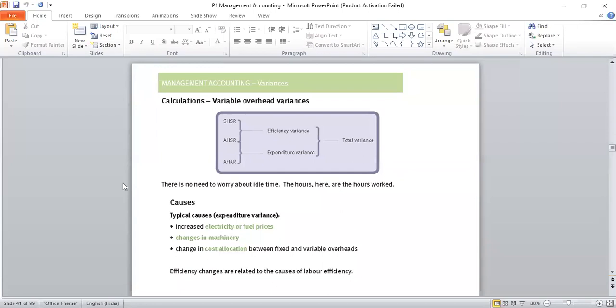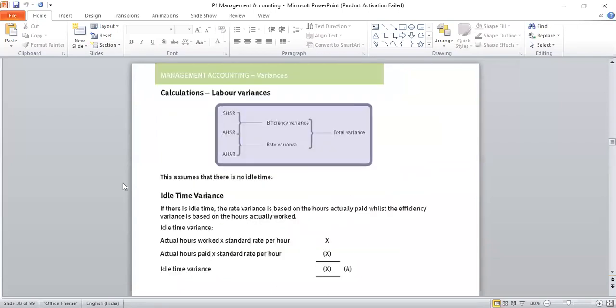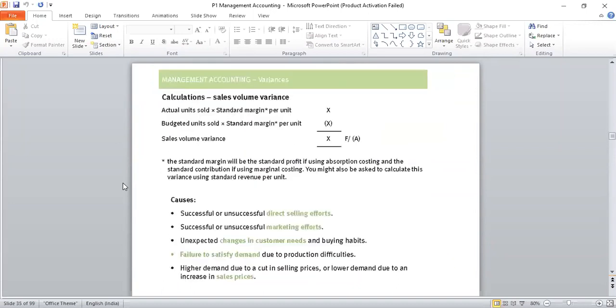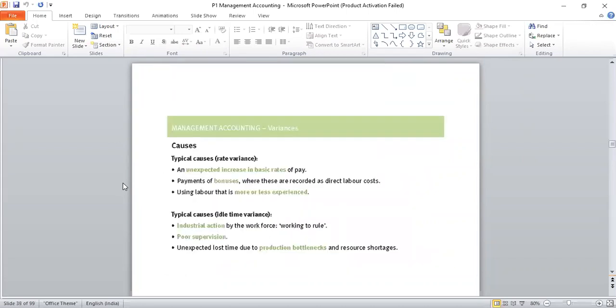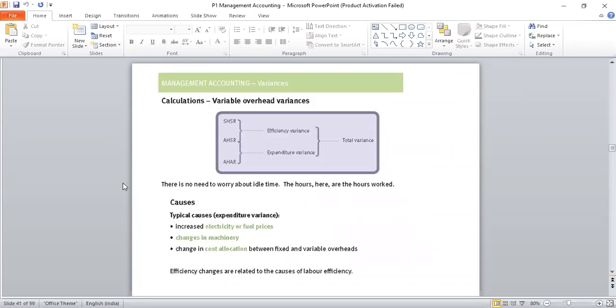That's how it's calculated. The labor variances and the material variances are calculated at the same level. So the issue is not with the variable overhead. The only thing is that the terminology used is different.